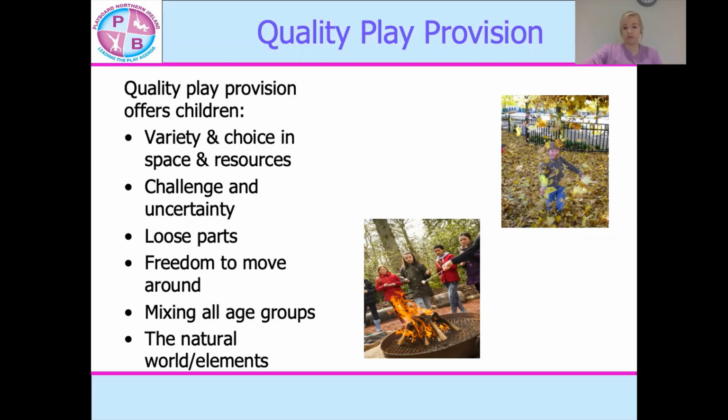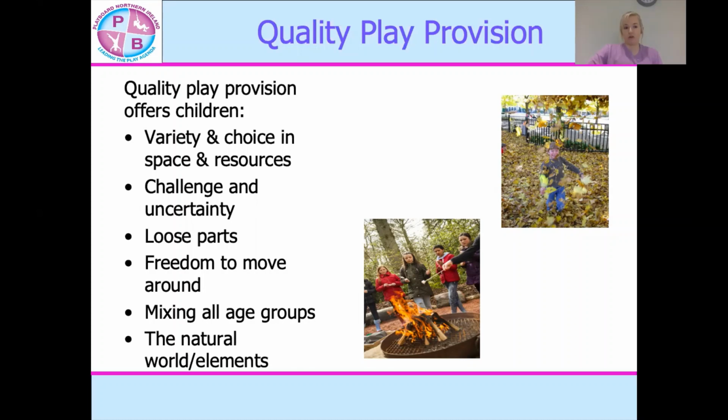This is specific to 4 to 8-year-olds and how we can encourage their participation, but allowing all children to mix will really have a benefit, and children of all ages learn from each other. As well as this, then you've got the natural world and the elements. So again, getting them outside as much as possible in your setting is really important. You will see the fire pit there is part of the elements.